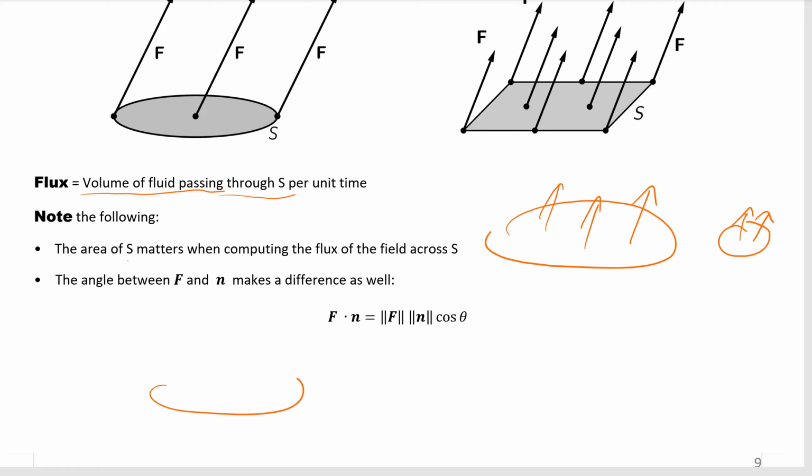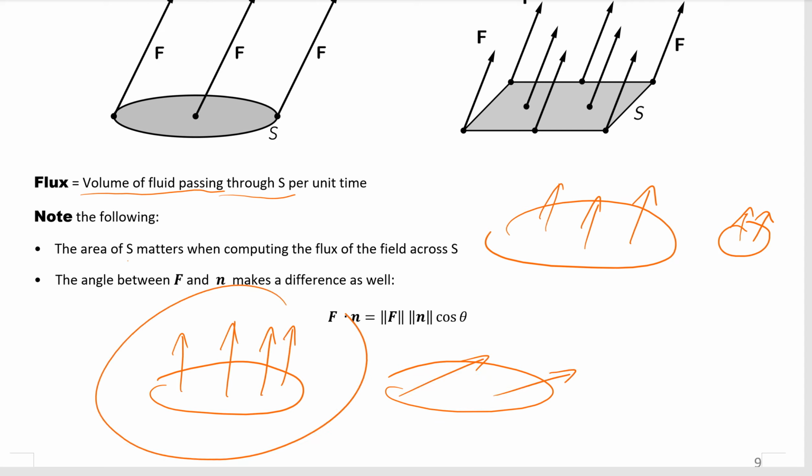Think about it: if we have the same size surface, but for one the vector field goes like this, and for the other the vector field goes like this, of course this one has more fluid passing through the surface. So the angle makes a difference. That's why we have F dot n, where n is the normal vector of the surface. F dot n is the magnitude of F times the magnitude of n times cosine theta.